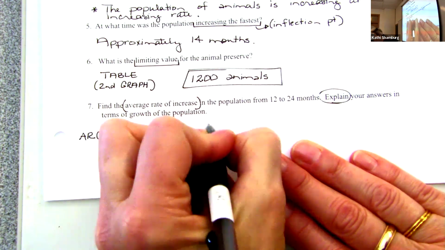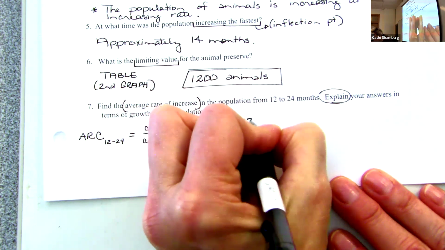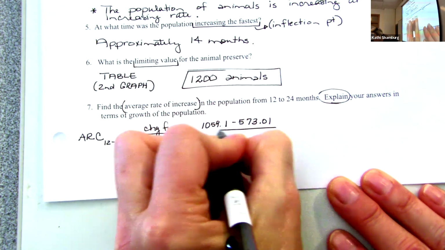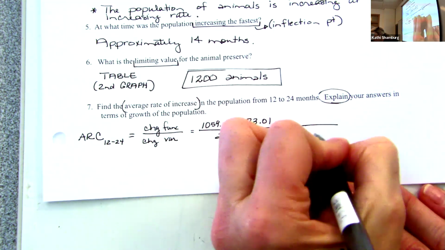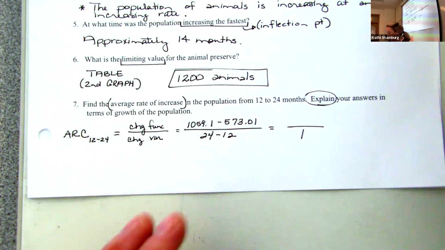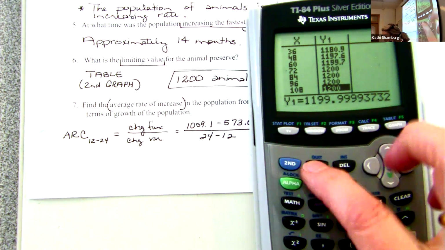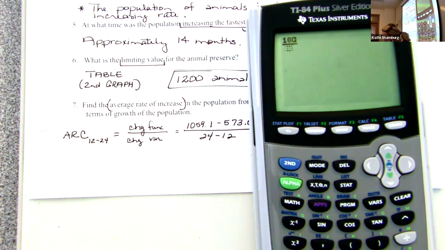So we have 1,059.1 minus 573.01 over 24 minus 12.